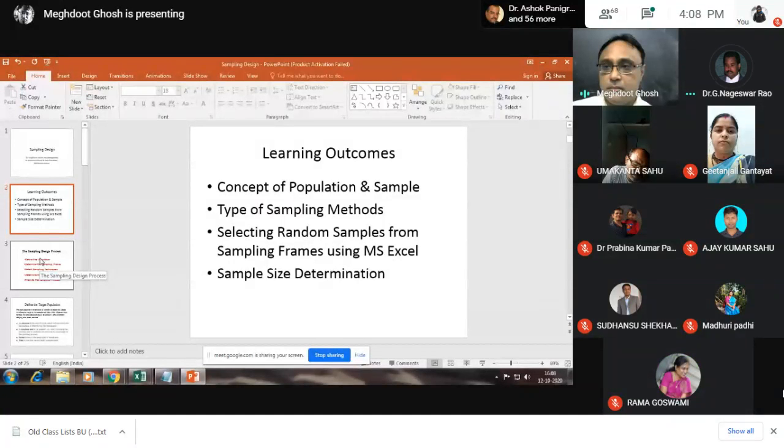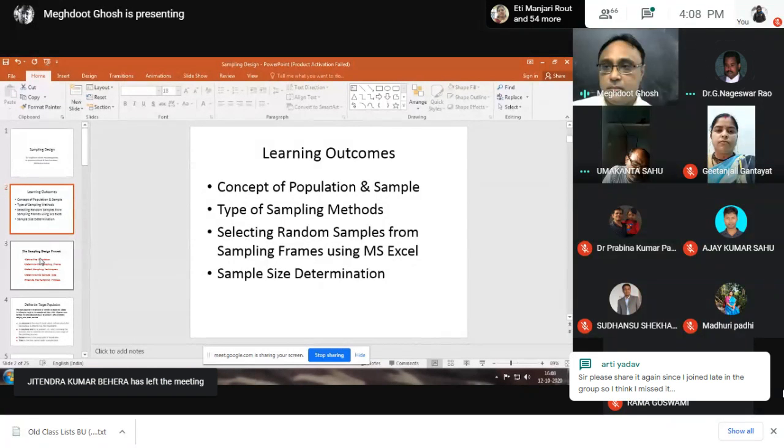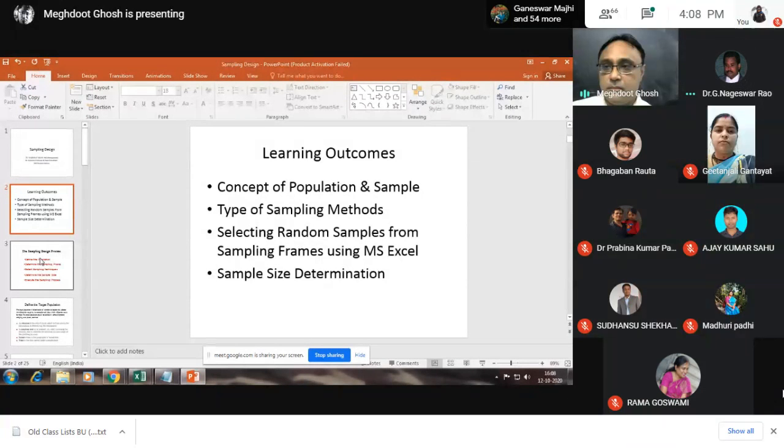Whenever you are doing a research using primary data, call it empirical research, then we have to use sampling. It is indispensable for those types of researches. We will follow this during the sampling process.